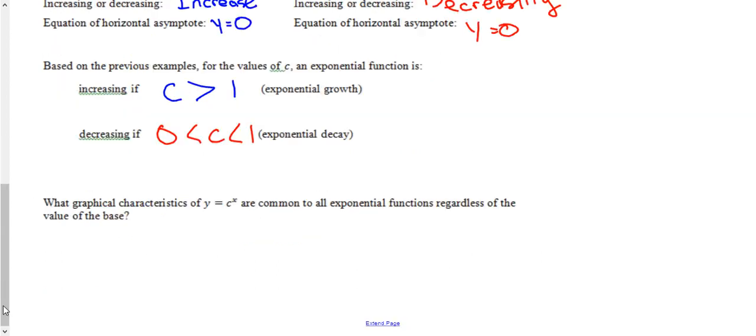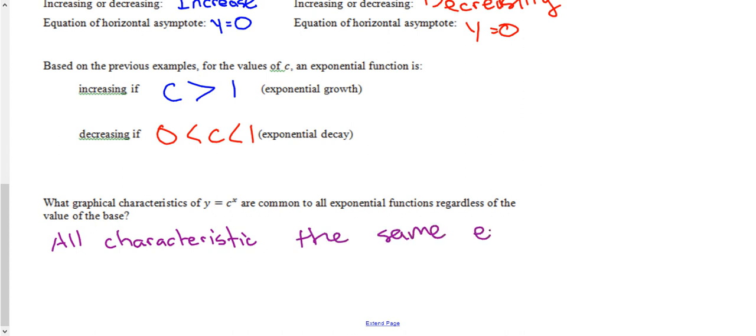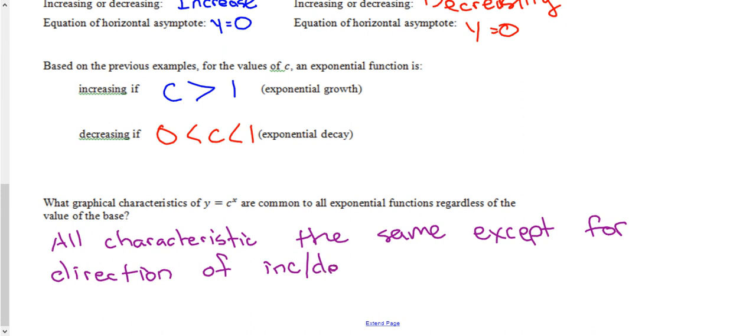So all characteristics are the same except for the direction, if it's increasing or decreasing. Increase slash decrease. So I and C is increase, D is decrease.